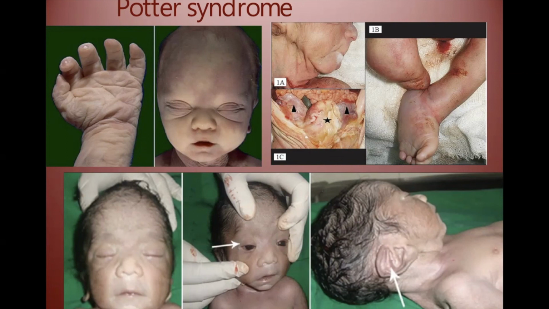This will not lead to Potter syndrome. Potter syndrome is an extremely serious condition and is often fatal at or shortly after birth, mainly due to pulmonary hypoplasia. Because of lack of amniotic fluid to protect the developing fetus, normal pressure from the uterine wall can affect the growth and development of the fetus.